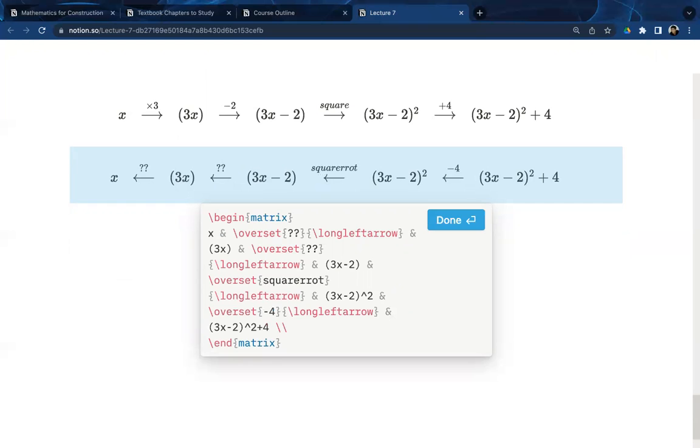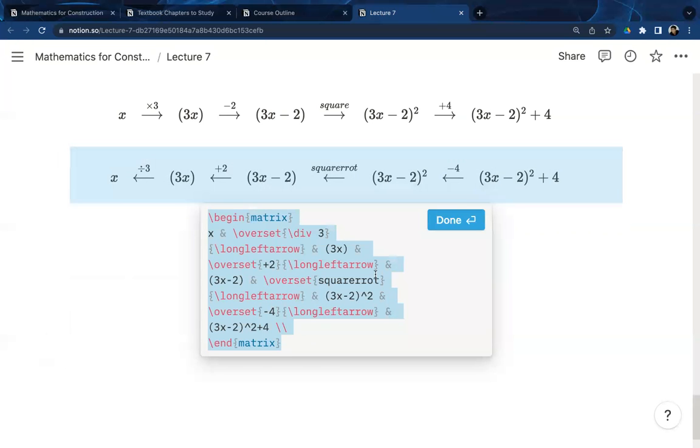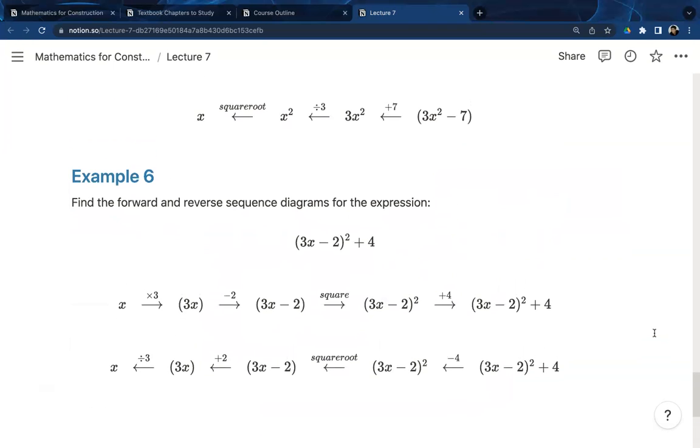Square root. What is the reversal of minus 2? Plus 2. And the reversal of multiply by 3 is divide by 3. The reverse sequence diagram is basically the forward sequence diagram, just the reversals of everything, okay?